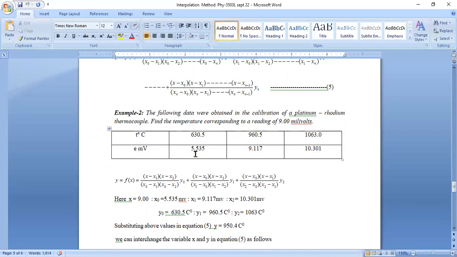The interval x1 minus x0, or x2 minus x1, they are not the same. The interval is not the same. Similarly, y0, y1, y2 also. So this is used for unequal intervals.